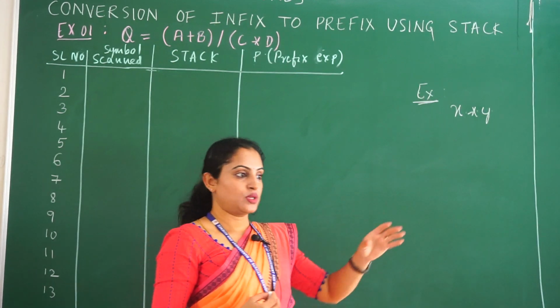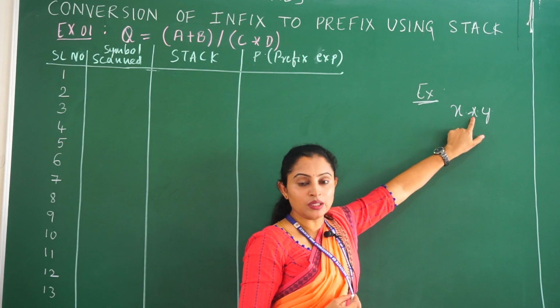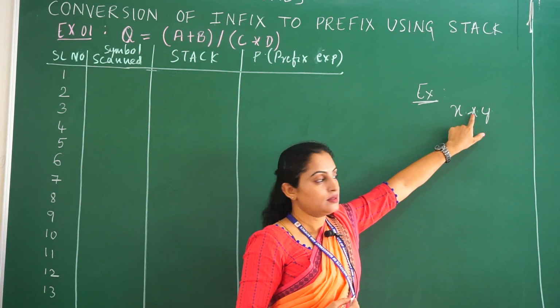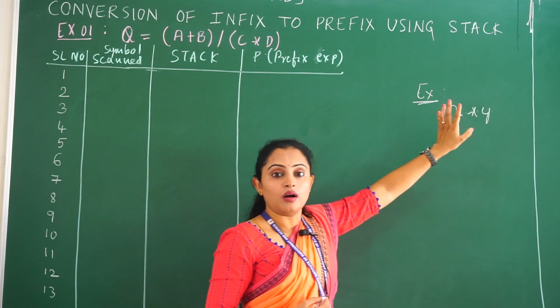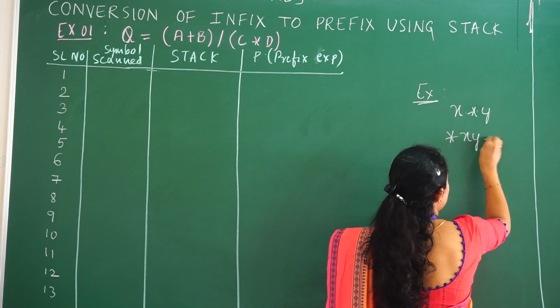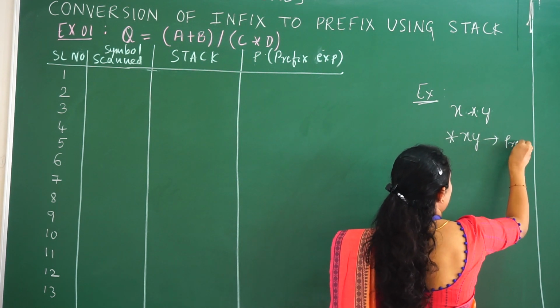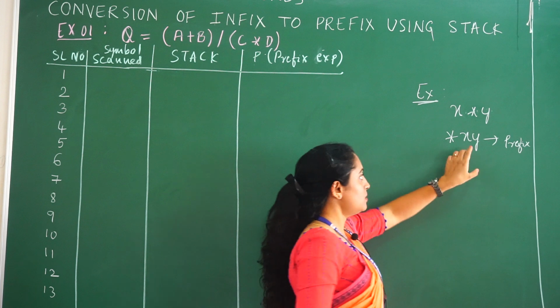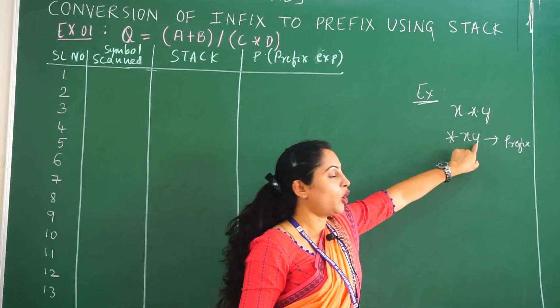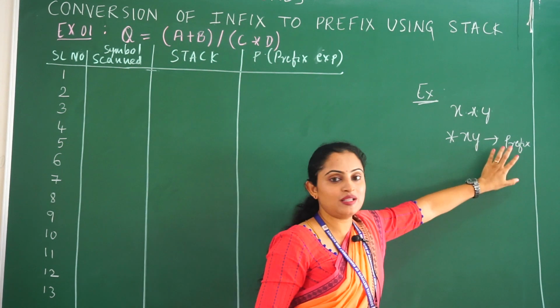So in prefix expressions we have to keep the operator prior to the operands. Here operands are x and y, asterisk is an operator. So this is a prefix expression. See here, the operator comes first, then the operands are placed. So that is what a prefix expression is.